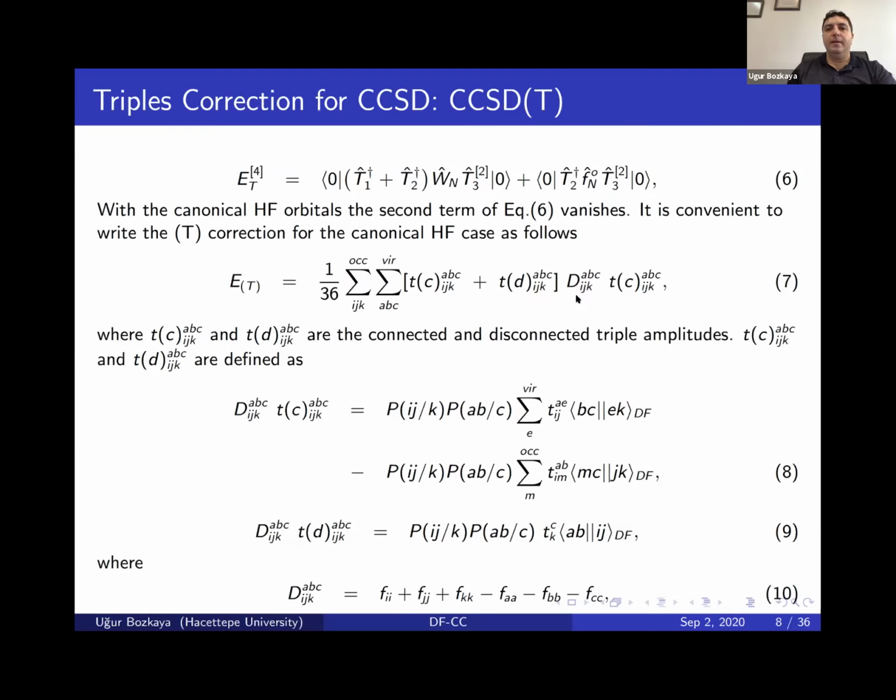And more explicitly, the (T) correction can be written in this form. It consists of two terms. One of them comes from the connected and the other one comes from the disconnected parts. And explicit forms of connected and disconnected amplitudes are provided here.